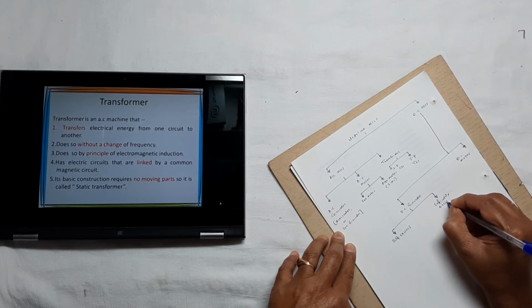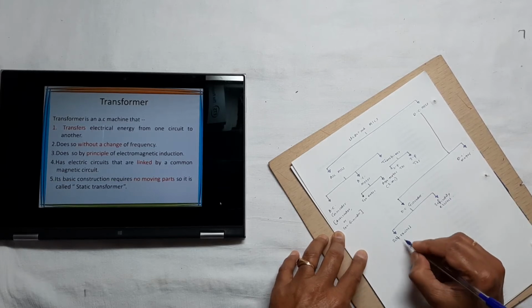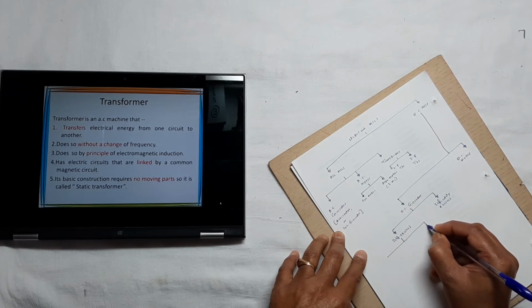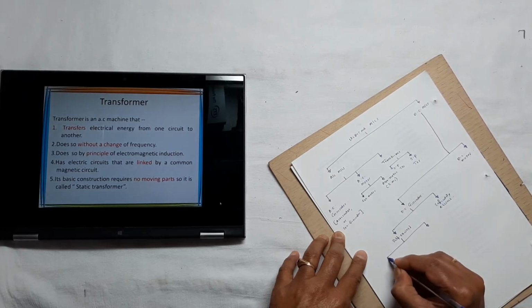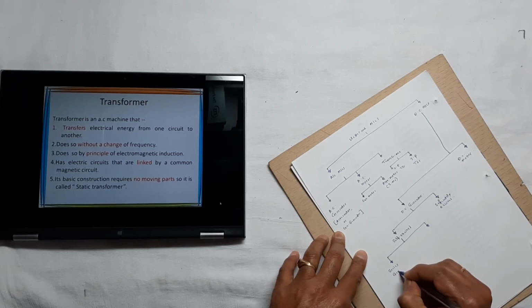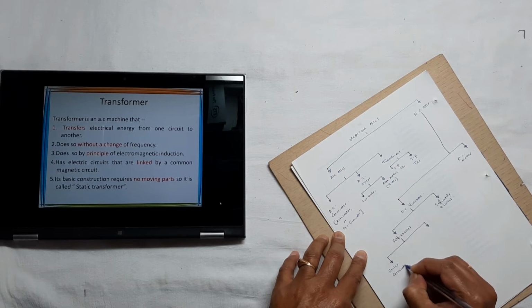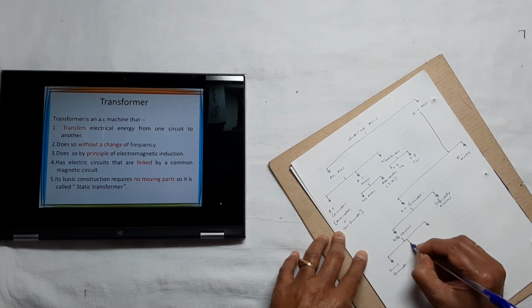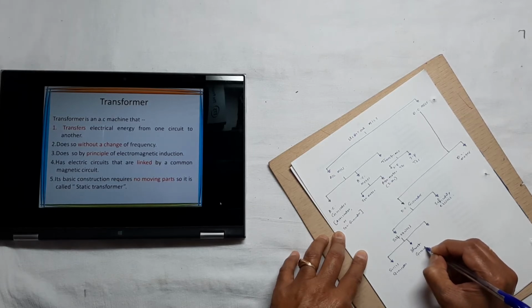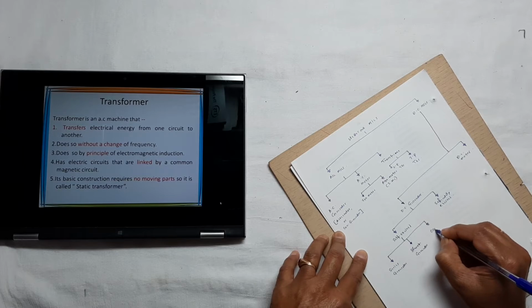Under self-excited, we have got three types of generators. One is called as series generator, shunt generator, and compound generator.